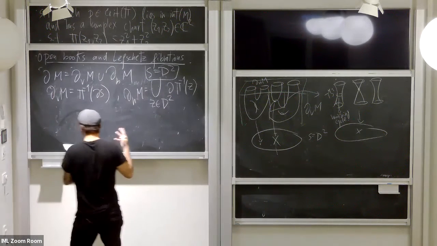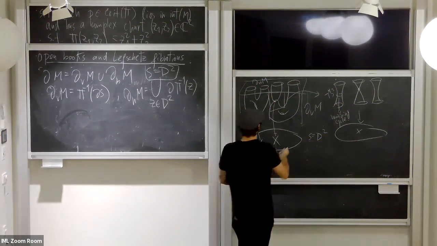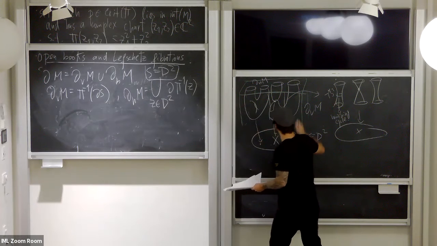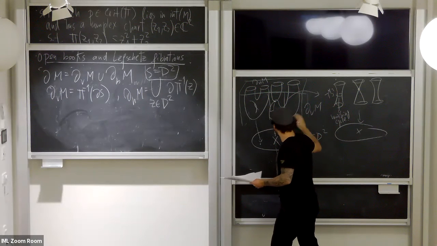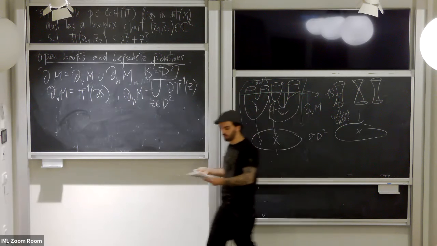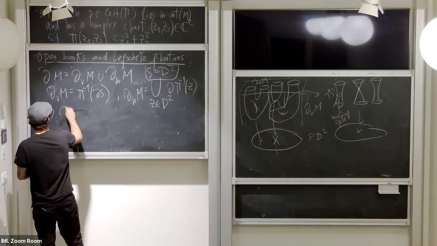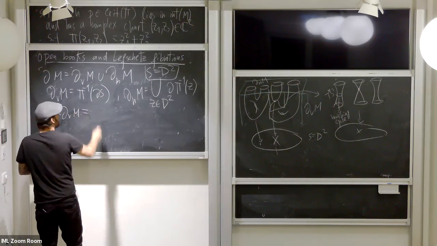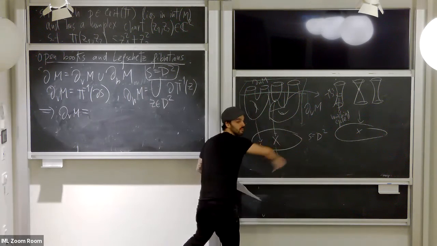So because I'm looking at the case of D2, necessarily, the fibration on the boundary, because I assume that there are no critical points on the boundary, is a fibration over S1. And fibrations over S1 are just mapping tori. So necessarily, the vertical boundary is the mapping torus of some monodromy, which is precisely the monodromy I get if I go once around the circle.